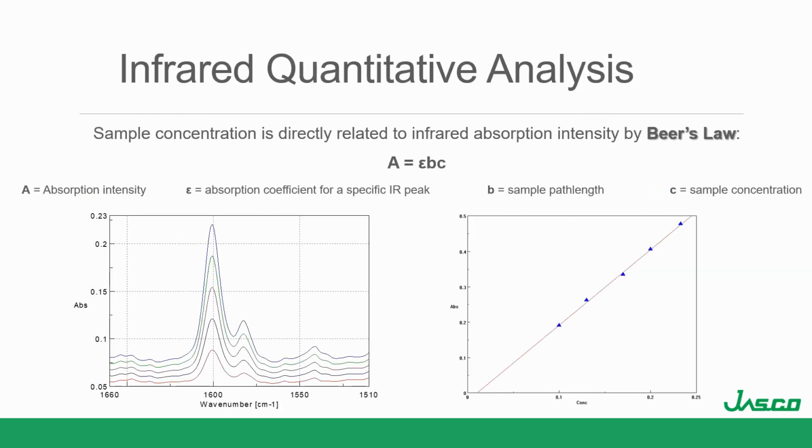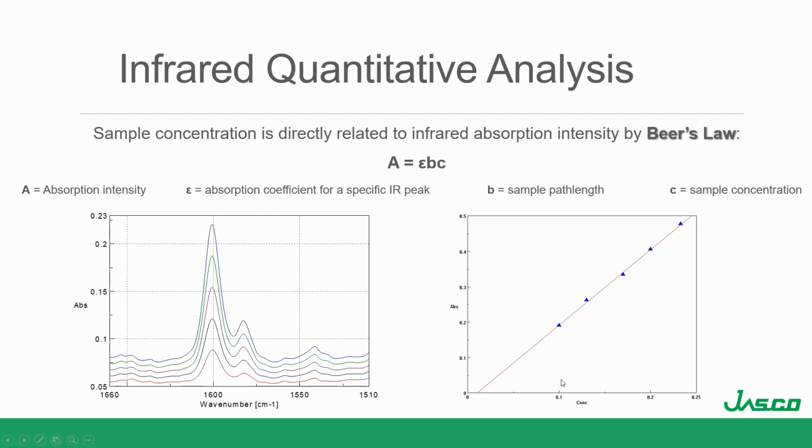For sample concentration, you can use Beer's law, and Beer's law is A equals epsilon B C. A is the absorbance, so that's the peak intensity. Epsilon is the absorption coefficient, which is unique from molecule to molecule. B is the path length, and C is the concentration. Most of the time you won't be able to find epsilon without doing a concentration curve.